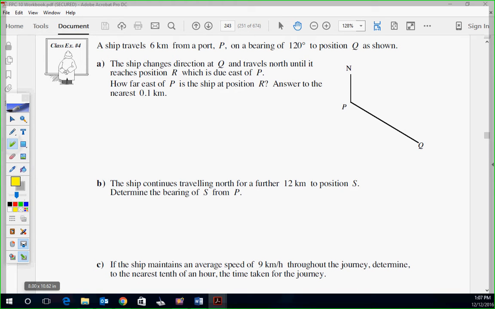It goes north, it's due east, so you can see what it's setting up. It's setting up a right triangle for you. This spot I just put right here is position R. How far east of P is the ship at position R?